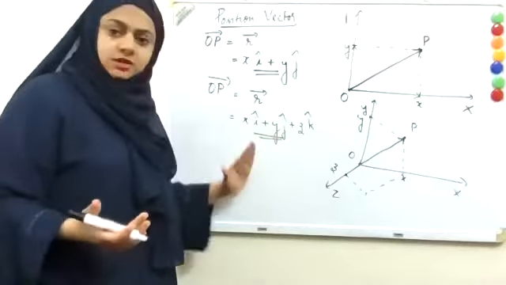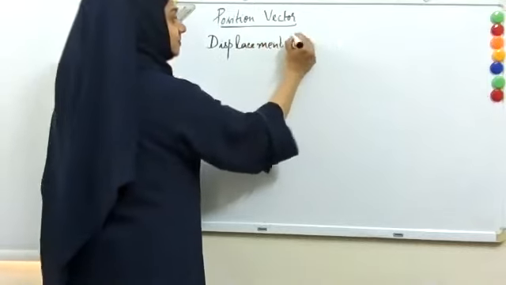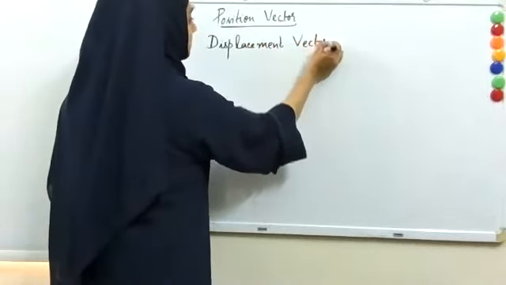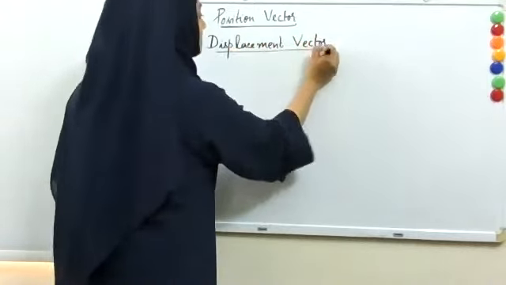Okay. Now let me introduce another kind of vector which often comes across, which is called the displacement vector. What is meant by displacement? Displacement means change in position.